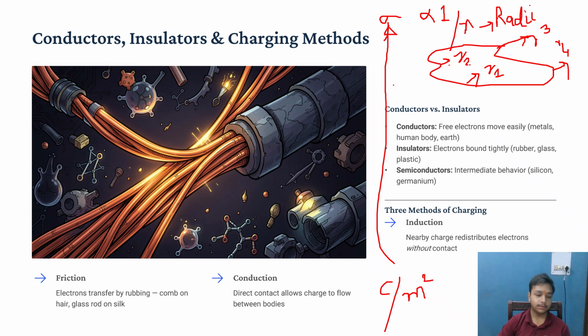So what will happen is, suppose let's take this. So this is a separate curvature. So charge will be deposited here on the outer surface. Then suppose this is the curvature 2.